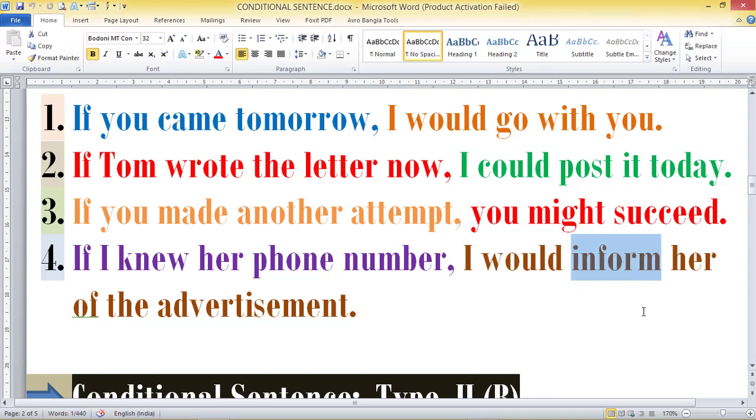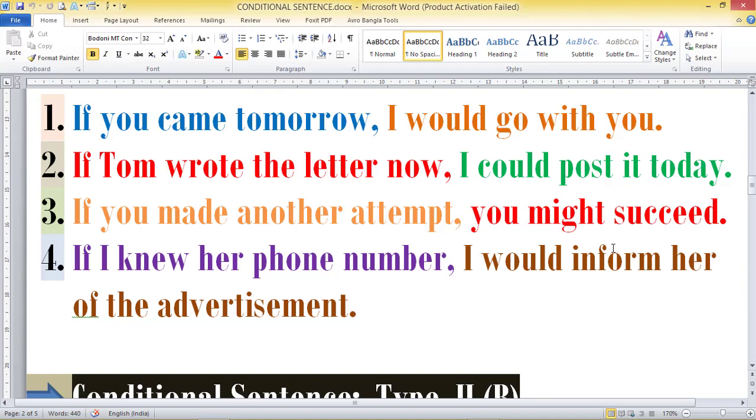Here, though the tense is past indefinite, the time is always present or future. So in case of conditional sentence type 2A, in the if clause we have to use past indefinite, unreal past or subjunctive, and in the main clause after the subject we can use would, should, could, might plus the first form of the verb, that is the present infinitive.